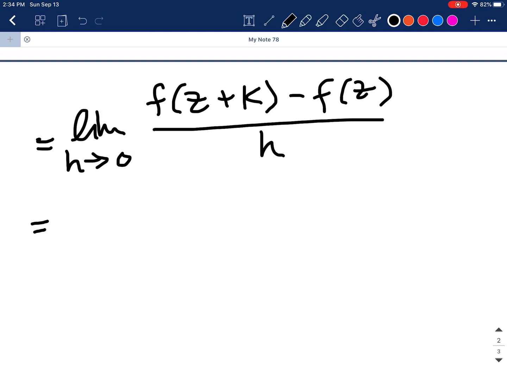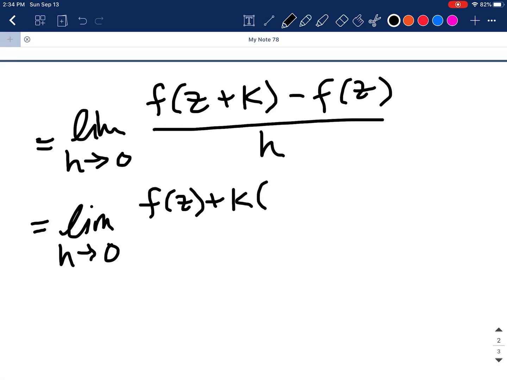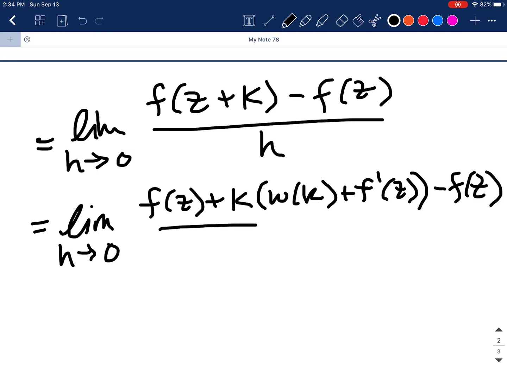But now if we think of equation number 3, we had this expression for f of z plus k. So f of z plus k was the same as f of z plus k times w of k plus f prime of z. And then that's going to be minus f of z all over h.